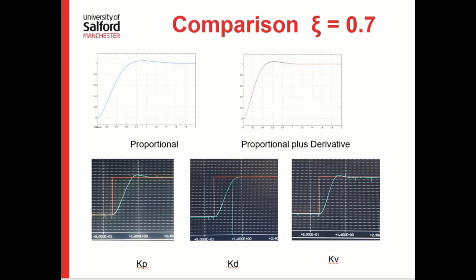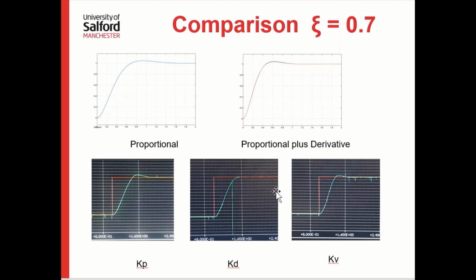This is now the 0.7. Notice now we can see a little bit that the rise time here is definitely faster than the rise time of proportional. And we've gone for an omega n of 7 in the proportional with derivative designs. So we've got a benefit now of having a slightly faster response than the proportional control.